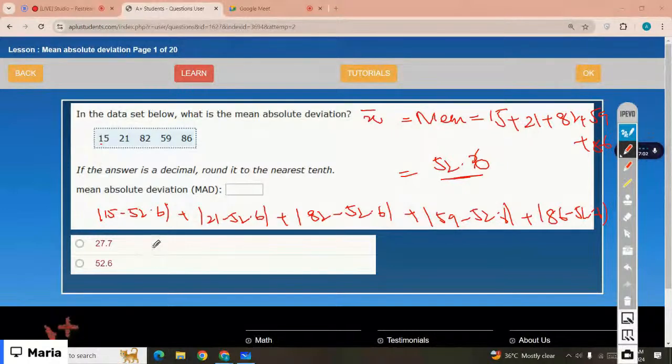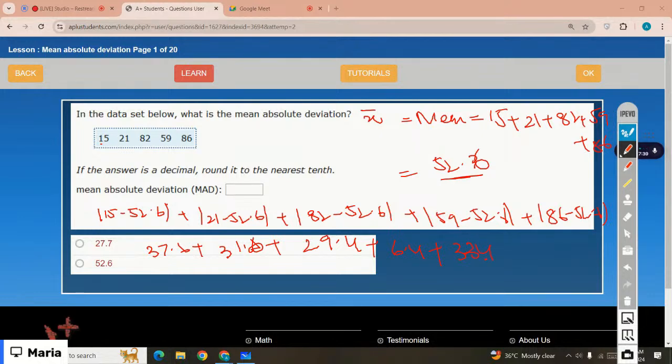So that is 37.6. Then 26, that is 31.6. It is 82 minus 52.6, that is 29.4. 59 minus 52.6, that is 6.4. 86 minus 52.6, that is 33.4.